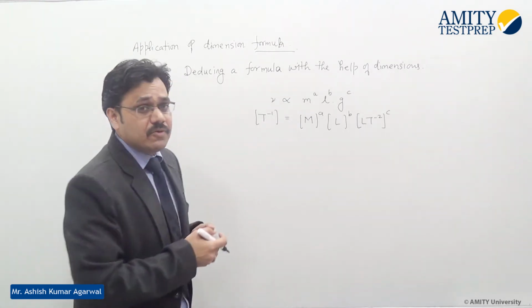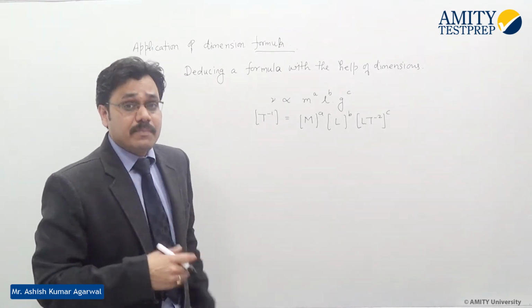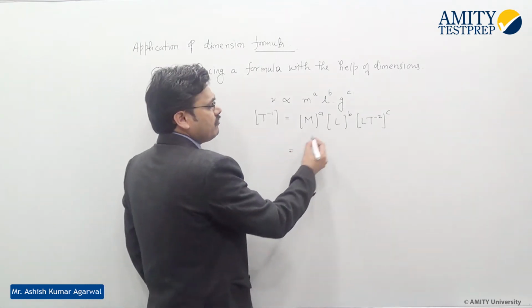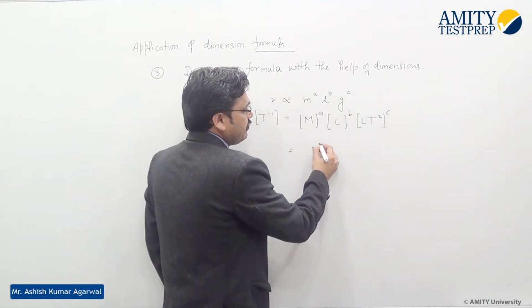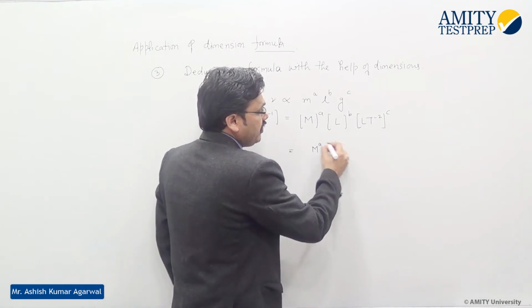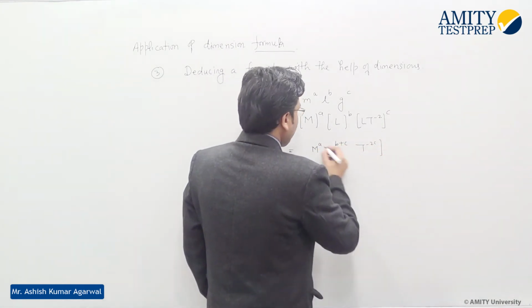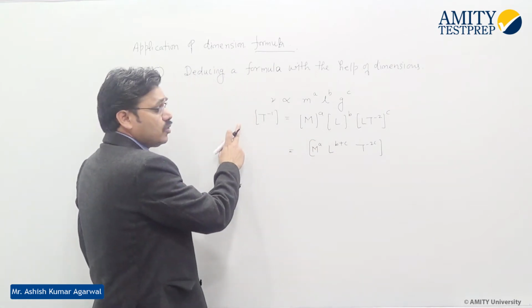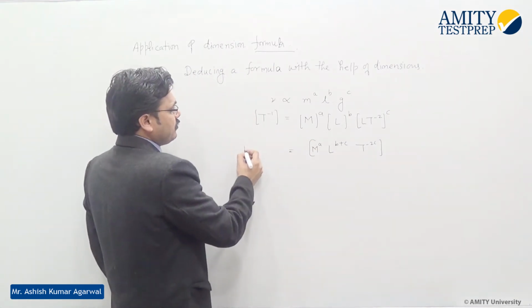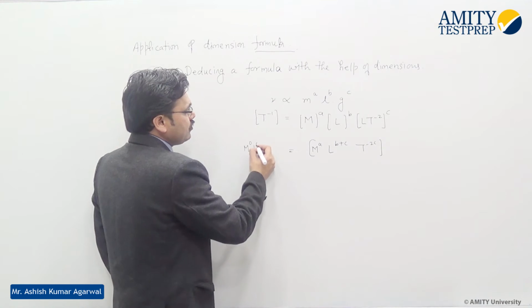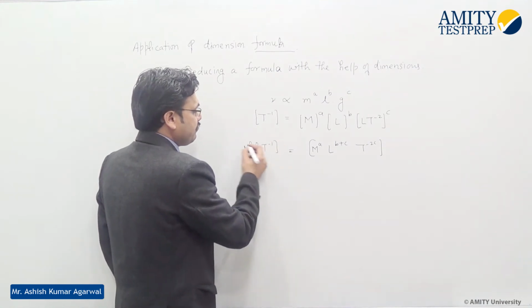Now you have to compare the dimension formula from both sides. So first of all, you write M to the power a, L to the power b plus c, T to the power minus 2c, and as there is no mass and length on the left side, you put M to the power 0, L to the power 0, T to the power minus 1.